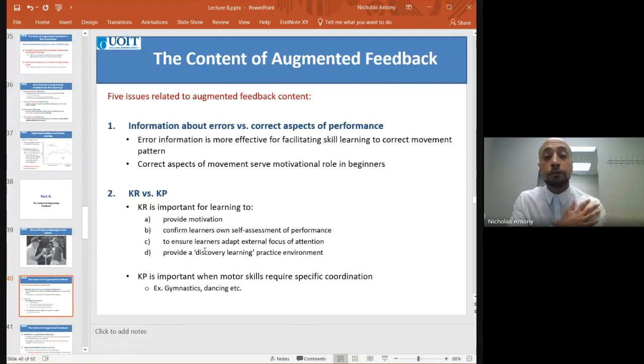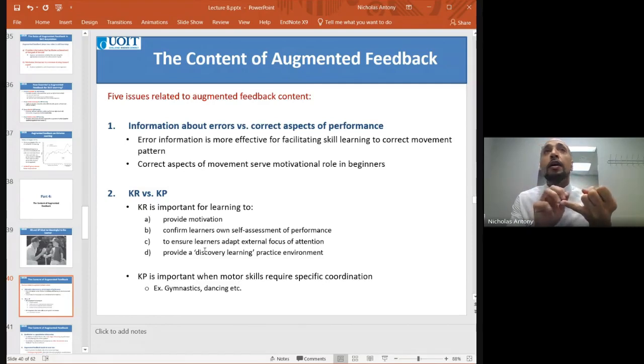Whereas knowledge of performance, or the movements, is going to be important if you're already skilled and you're trying to really correct something, then you can give them more specific information about their performance movements.